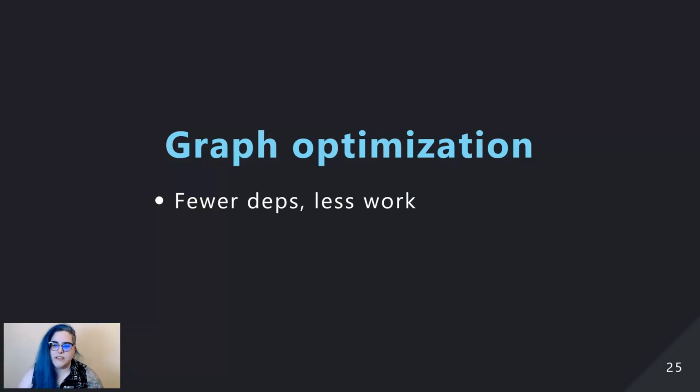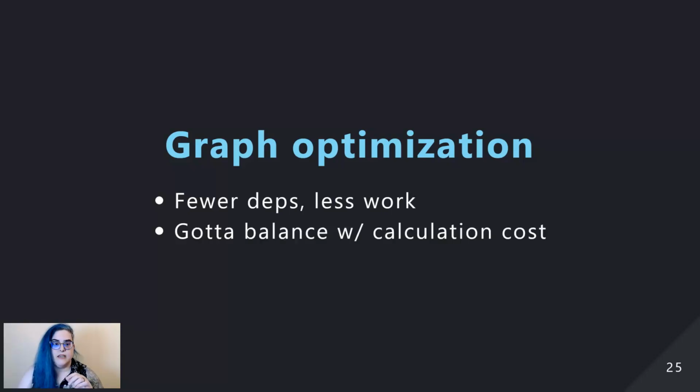This might be a little harder with ASP solvers because they're already doing a lot of this work, but for package managers like NPM or Cargo, there is a lot of benefit to, say, finding all the things in our trees that would be duplicated and eliminating worst case scenarios. You have to balance that with calculation costs because this can be expensive, obviously, and it can be its own phase.